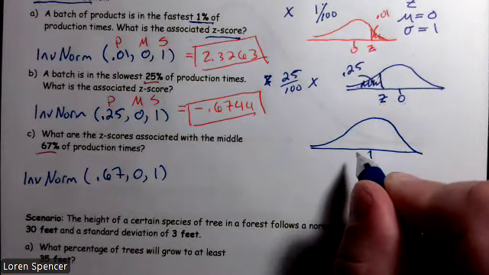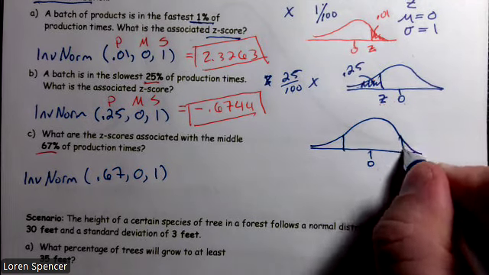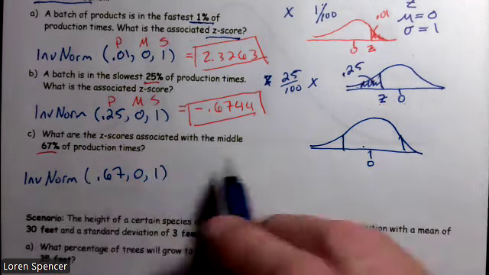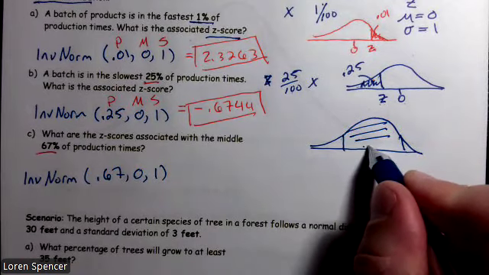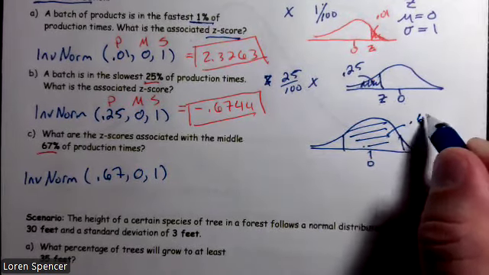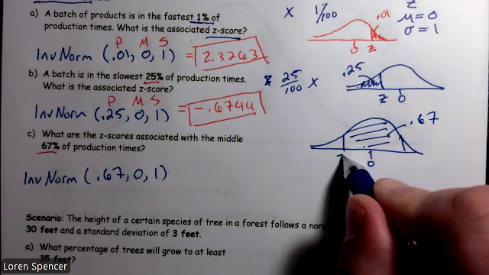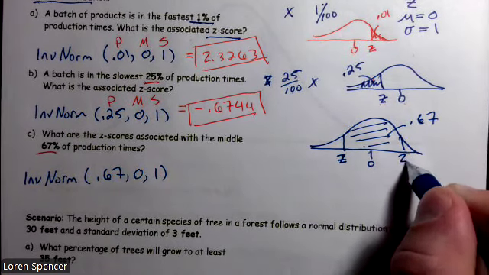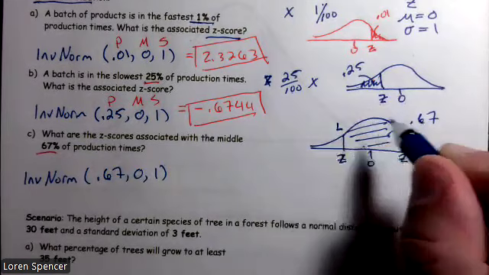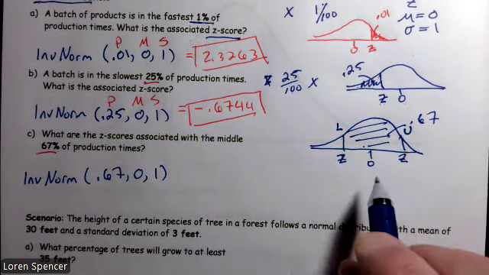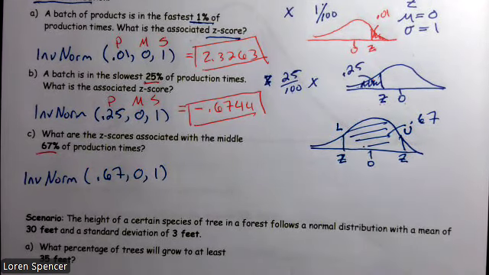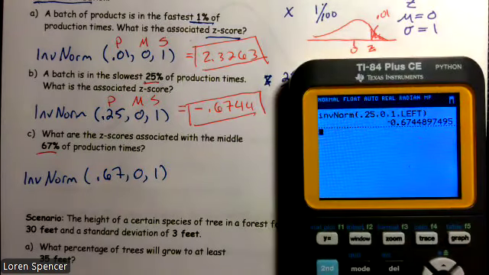We're centered at 0. There's our mean, and we're supposed to have 67% in this area, but I notice I have two bars. So I'm going to have a Z here and a Z here representing my lower and my upper bounds. So I'm going to have some number less than 0 and some number greater than 0.